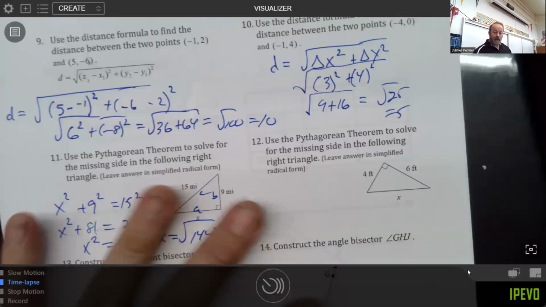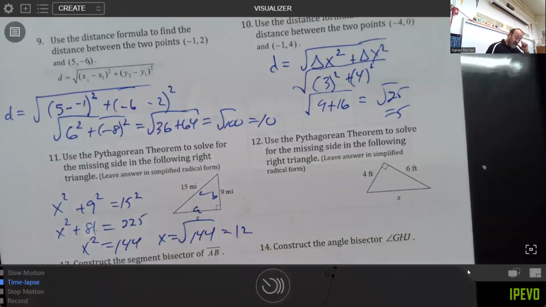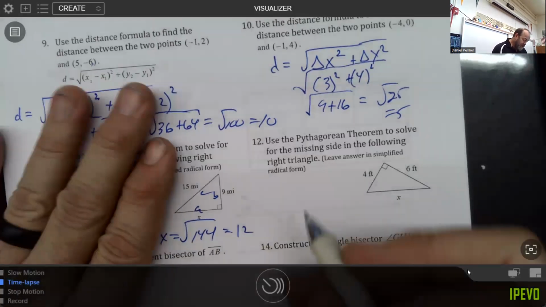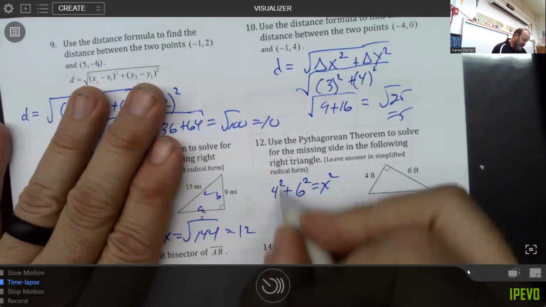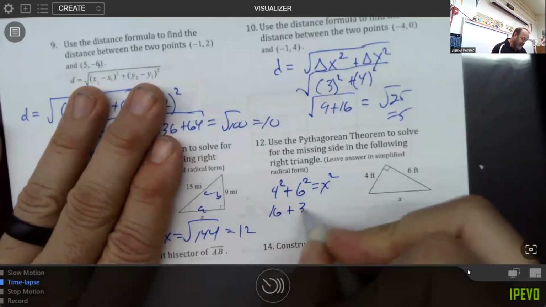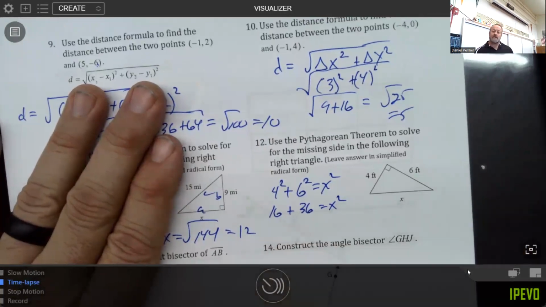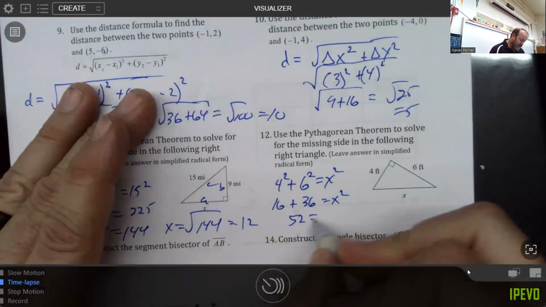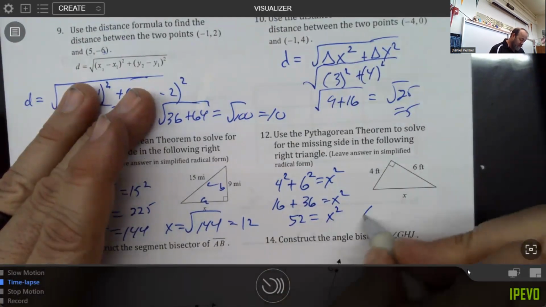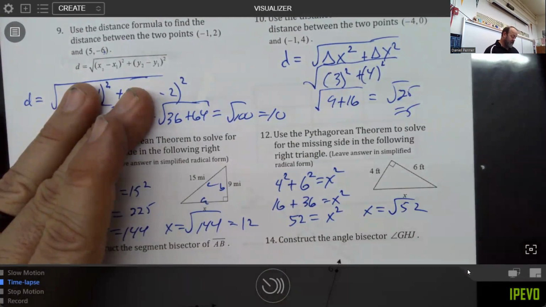Now over here, this problem is not quite as nice. This one isn't quite as nice because you have a squared plus b squared equals c squared. But in this case, 16 and 36 add up to 52. Well, that's not a very nice number because the square root of 52 is not like all these other problems.